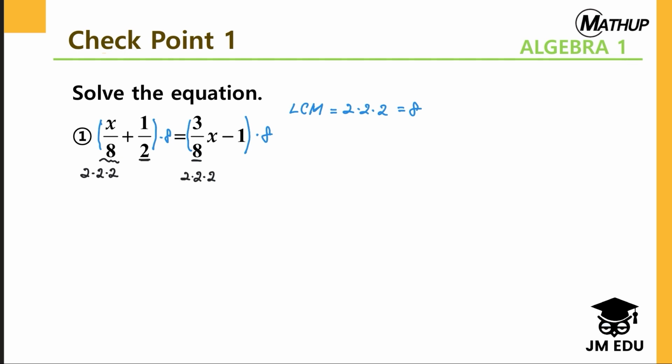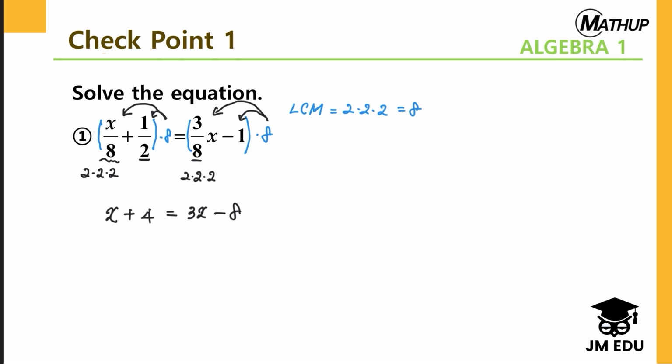Now on the left-hand side, we're going to apply the distributive property. 8 times x over 8, that's x, plus 8 times 1 over 2, that's 4. It's equal to, here, 3 over 8x times 8. 8 times this is going to be 3x. 8 times negative 1, that's going to be minus 8.